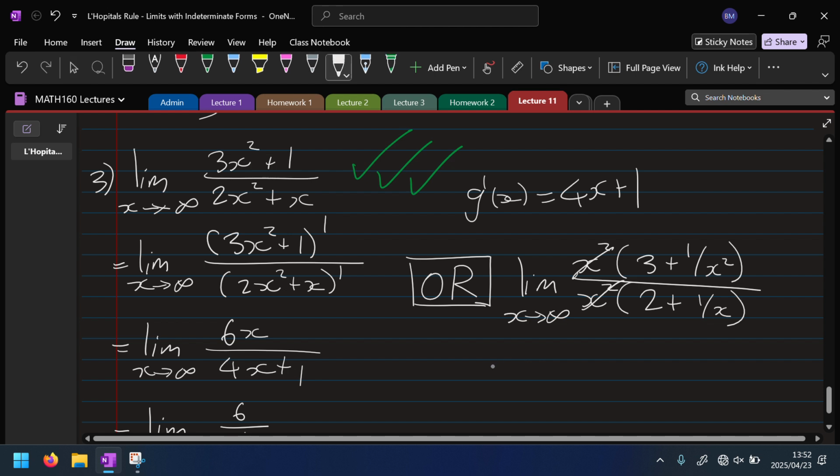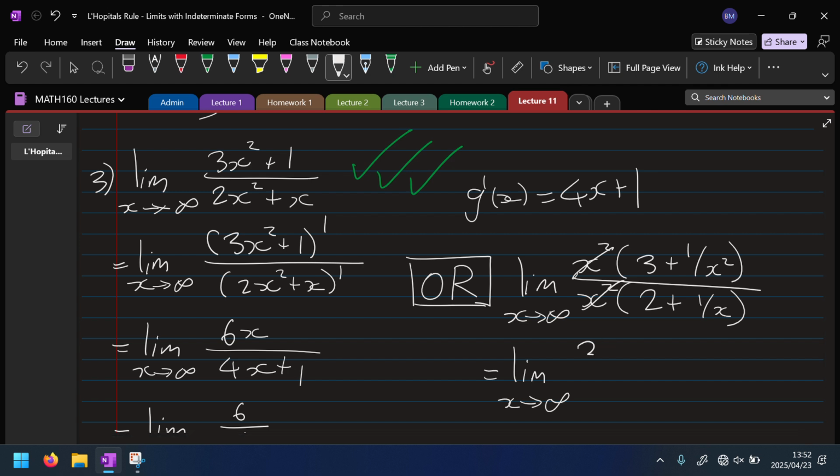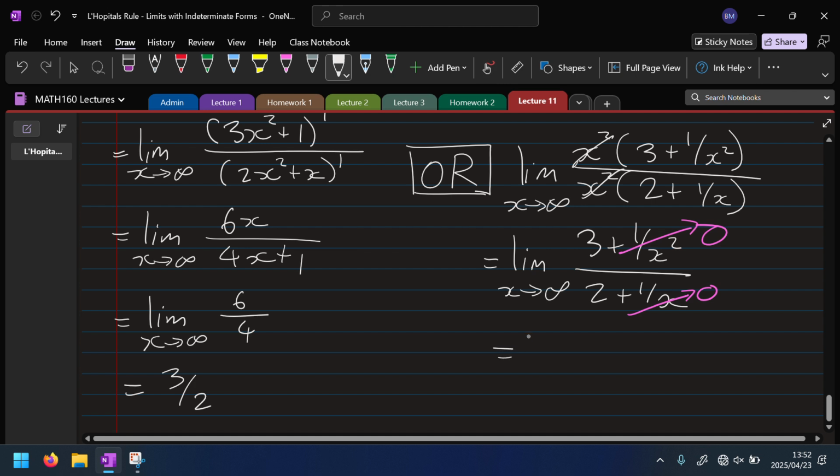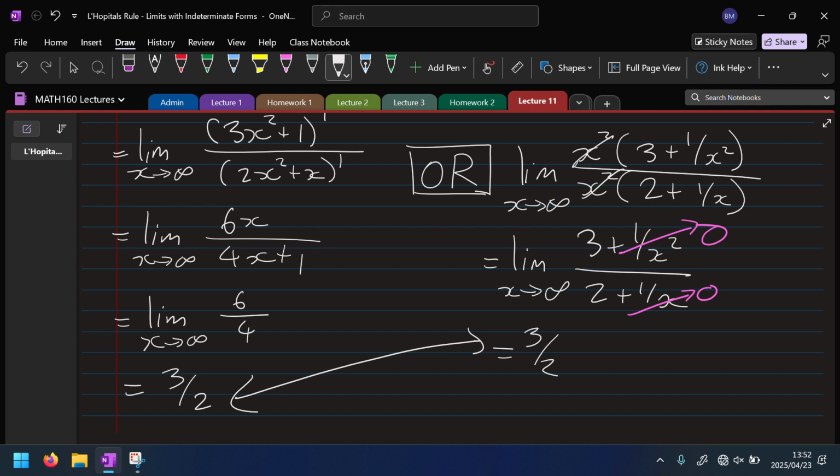So we end up with the limit as x goes to infinity, 3 plus 1 over x squared over 2 plus 1 over x. Now when x goes to infinity, 1 over x squared, that's going to go to 0. Then 1 over x, that also goes to 0. And we're left with 3 over 2, which is exactly what we got with L'Hopital's rule.